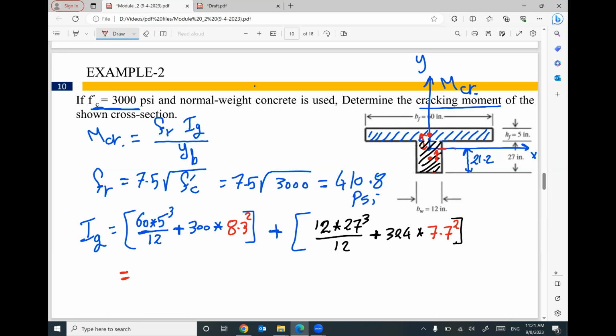So 60 times 5 cube divide 12, plus 300 times 8.3 squared, plus 12 times 27 cube divide 12, plus 324 times 7.7 squared. I got 6184.96.